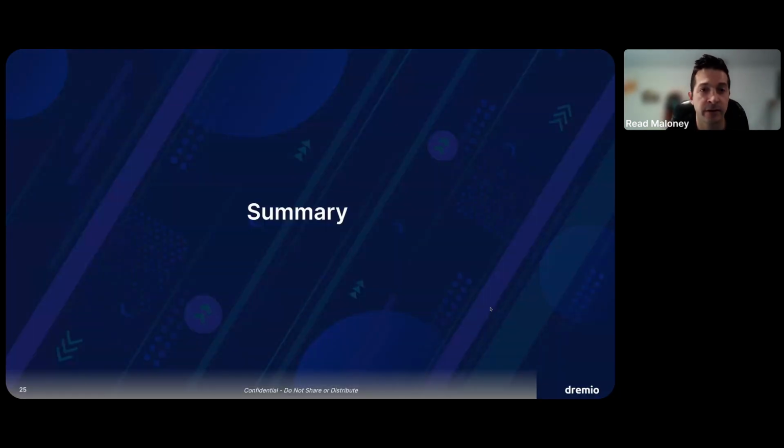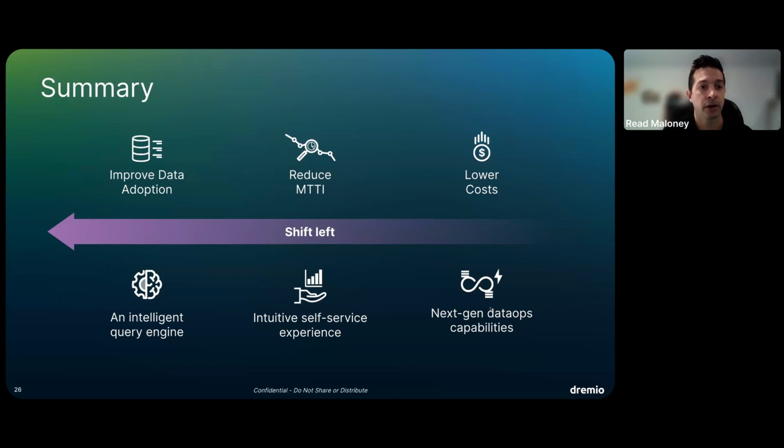So before we move over to the demo, just a quick summary. What we see from customers is they're trying to improve data adoption in their organization. They're trying to move a lot faster, so they're reducing their mean time to insight, and they're trying to lower their costs at the same time that they're trying to deliver a lot more to their business from an adoption standpoint, which we think about as shifting left.